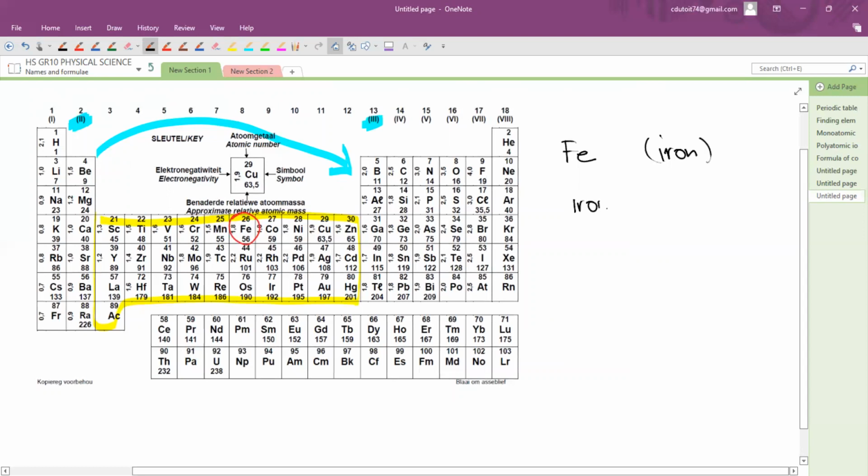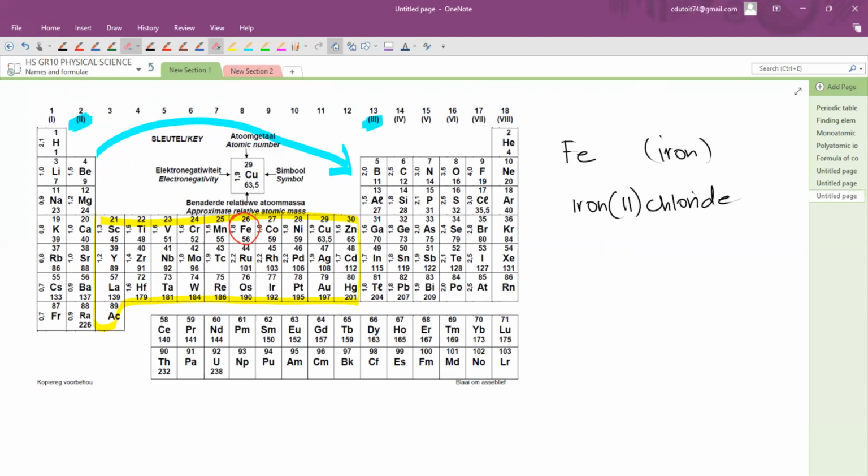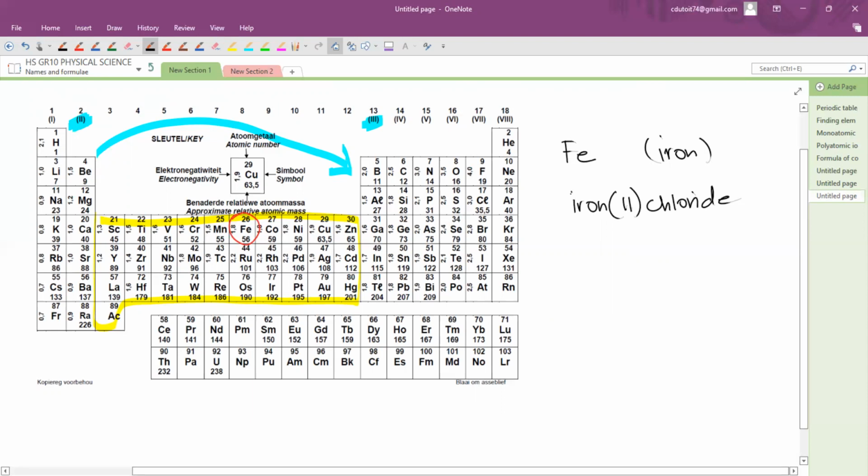I must write iron 2 chloride. Chlorine will be on your periodic table, but chloride just means it's the ion of chlorine.